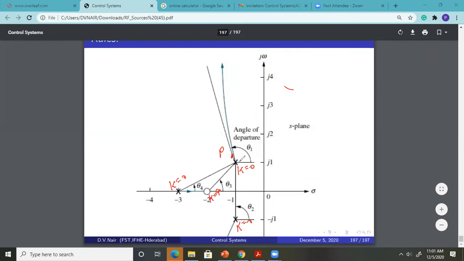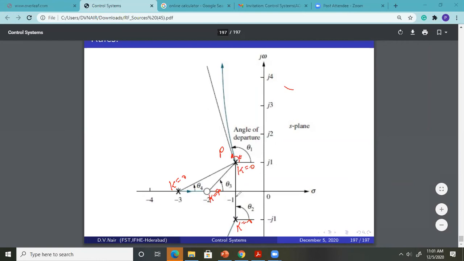So when I join this open loop pole, let us say there is some angle epsilon made by the open loop pole at that point of interest, whereas what will be the angle made by other open loop poles and zeros at that point P?